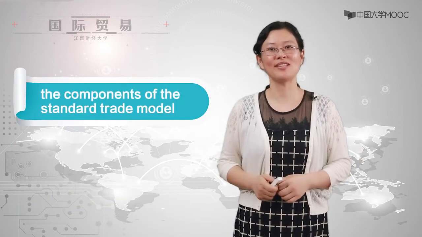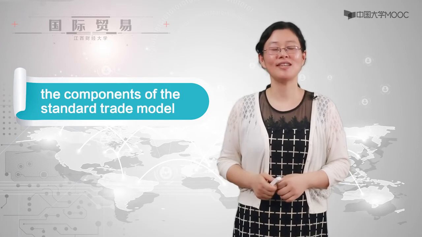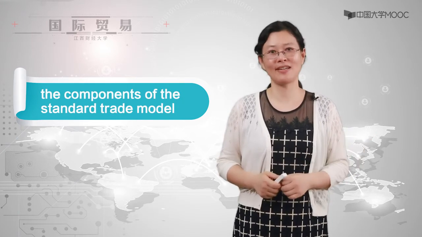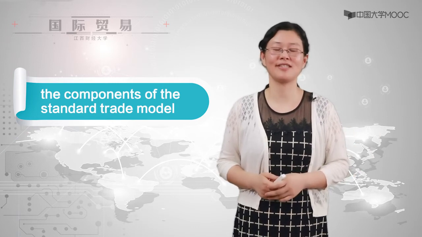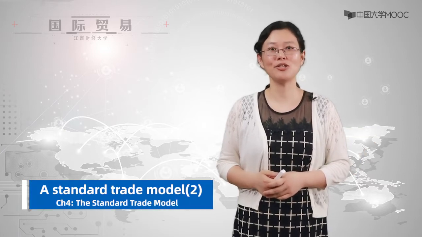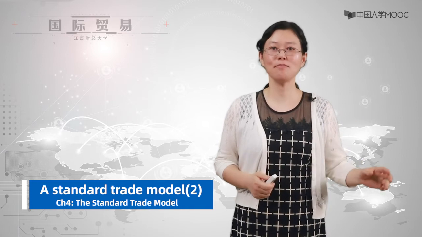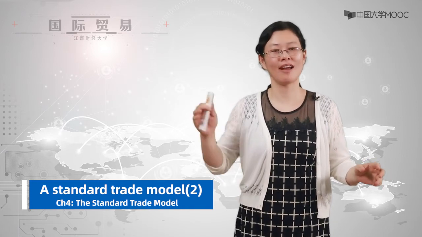In the last class, we learned the components of the standard trade model, such as production possibility frontiers, value lines, and indifference curves. By using those components, we analyzed the relationship between production possibility frontiers and relative supply curves, and the relationship between relative prices and the relative demand.